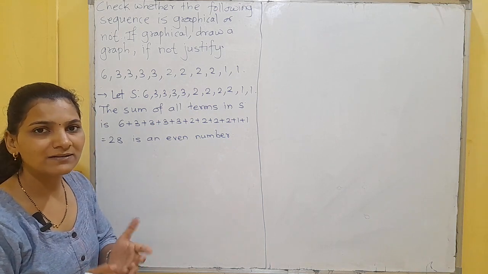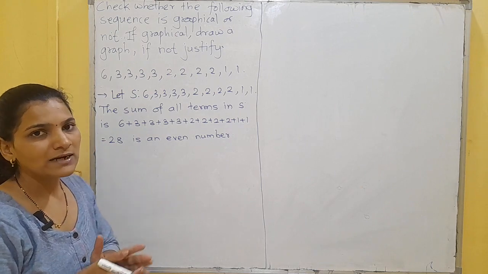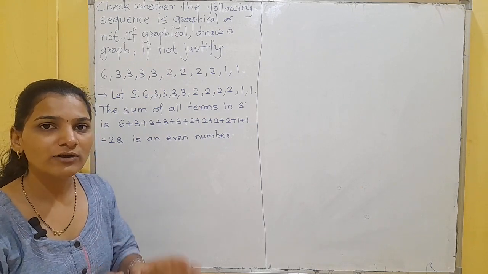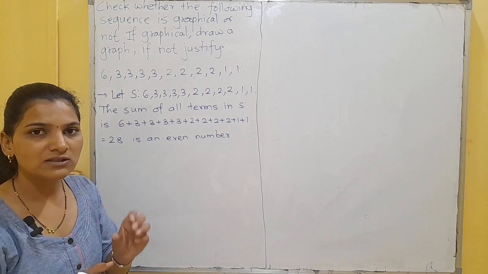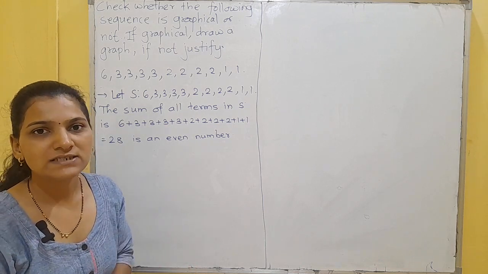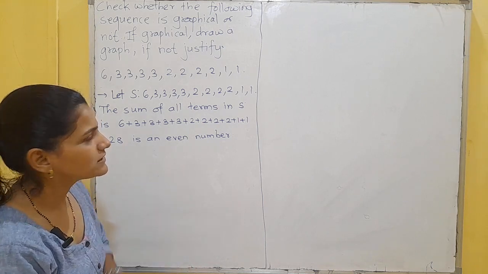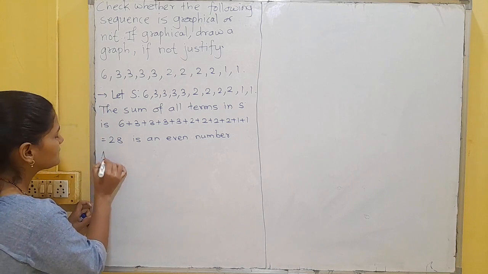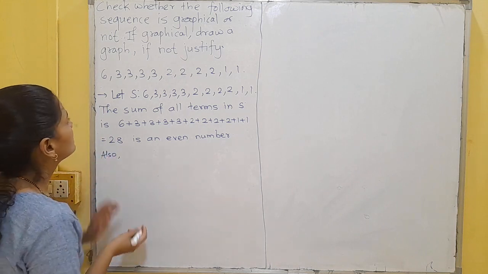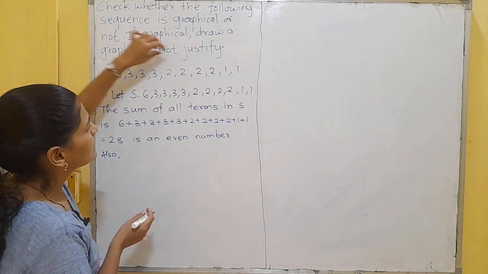Now to check the second condition: we know that the number of odd vertices in every graph is always even. So we will check whether the number of odd terms in the given sequence is even or odd. The odd terms are 3 3 3 3 and 1 1.